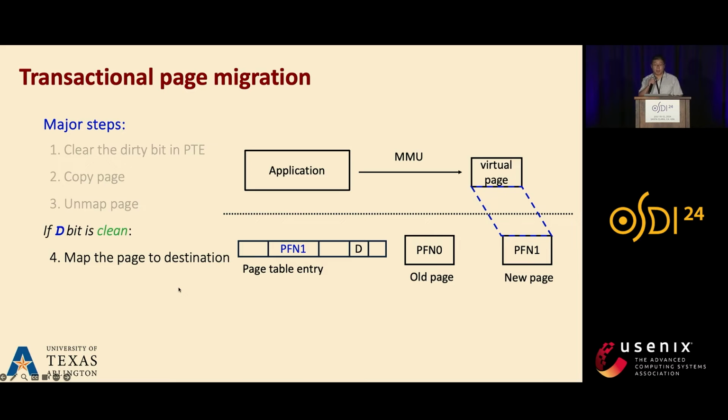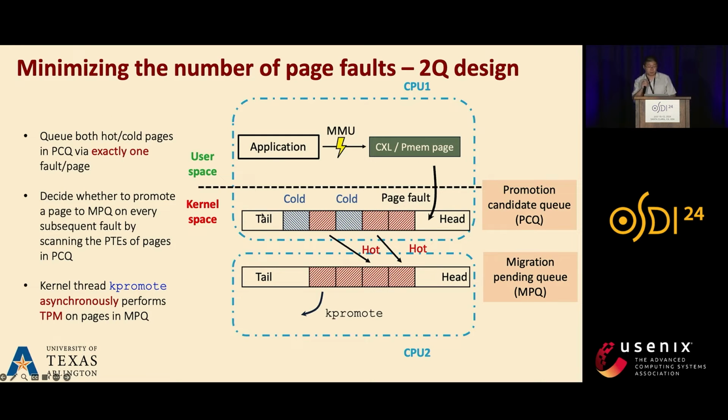If so, the page is remapped to the destination location in the fast memory and the transaction is committed. If the dirty bit is ever set during the migration, the transaction is aborted and the page is remapped back to the source location in the slow memory. The original dirty bit is also restored. Compared to page migration in Linux, TPM significantly shortens the period during which a page is inaccessible.